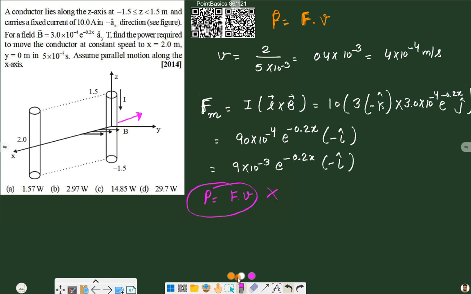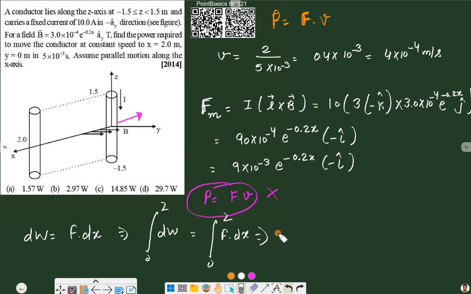So then we will use dW is equal to F dot dx. We will integrate dW from x equals 0 to 2, and this will be F dot dx from 0 to 2.